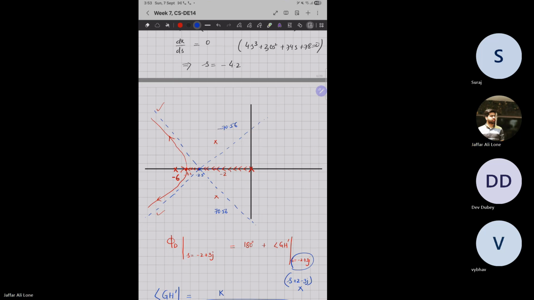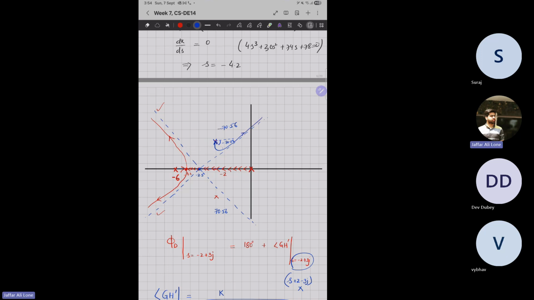Okay, so it means this pole will go to infinity by making an angle of 70.56, like this.